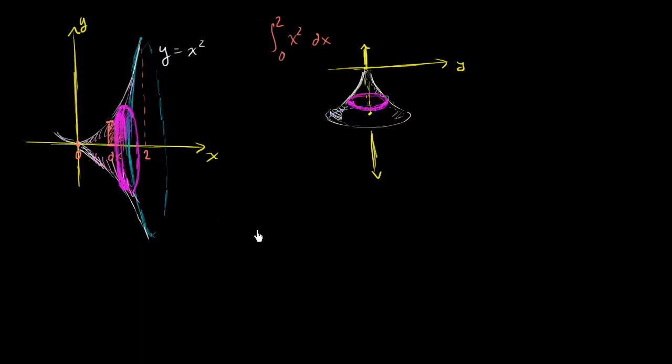It's really important to visualize this stuff properly. So this is my x-axis. My disk looks something like this. My best attempt. The x-axis hits it right over there, comes out of the center, and then this is the surface of my disk, and then this right over here is my depth, dx.